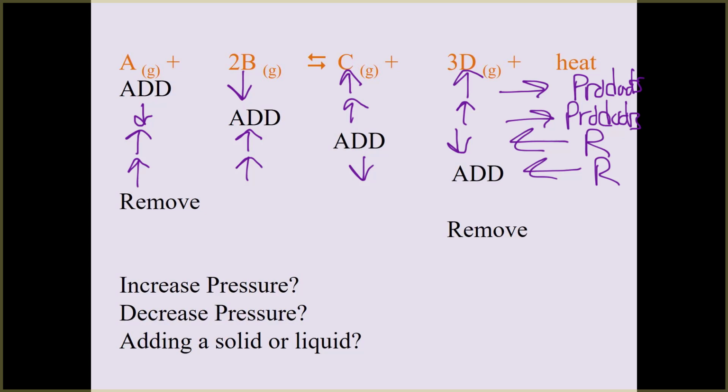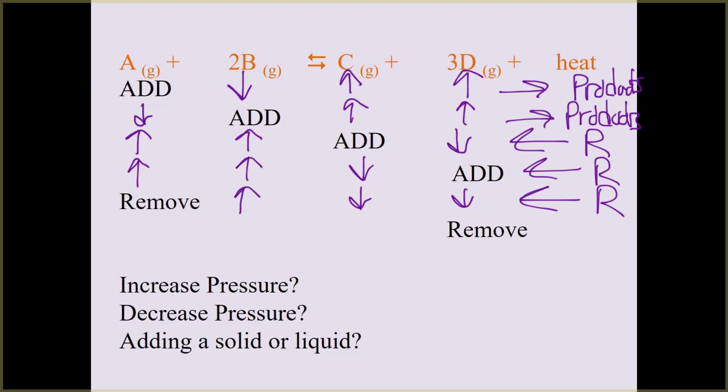But C and D are still colliding, and they are making A and B. So you're going to see B increase, and the forward reaction is not going to happen because there's no A at all for A and B to collide. So you're going to get a decrease in your products. So if you remove something from one side, it's going to shift towards that side. So take towards. Removing from the reactant side will shift it towards the reactant side.